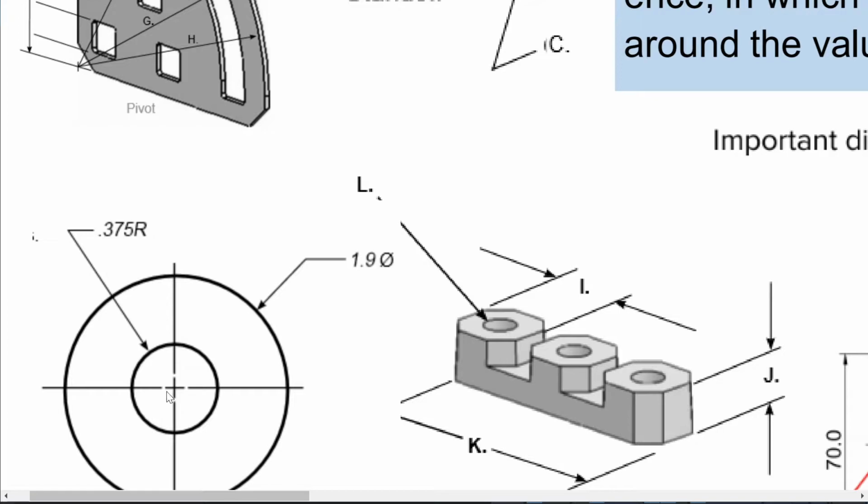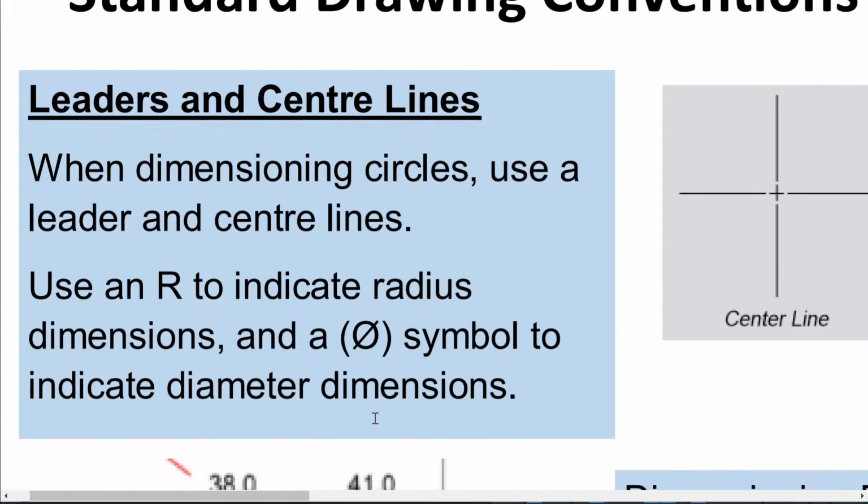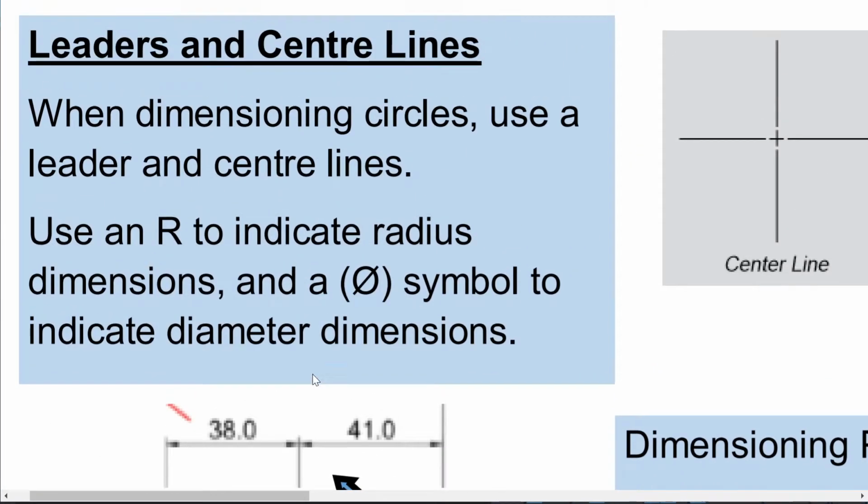They should always point to the center of the object you're referring to. So even though this is a diameter, the leader should always point to the center of the diameter. And then you turn the line, ideally to horizontal. That just helps people to know that this is a dimensioning tool, not something that is part of the drawing intrinsically. So we will talk more about dimensioning circles later. I have some pictures on that.